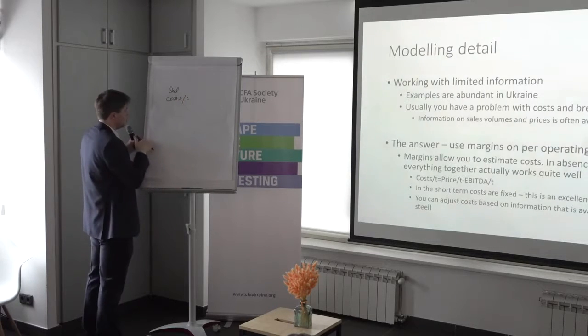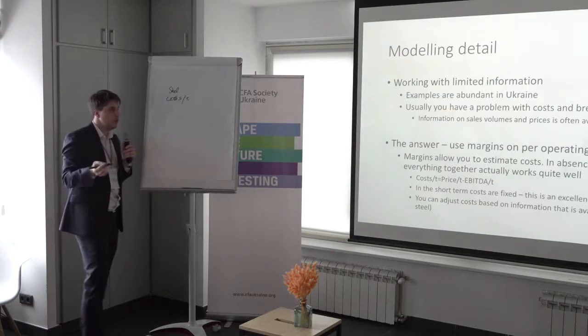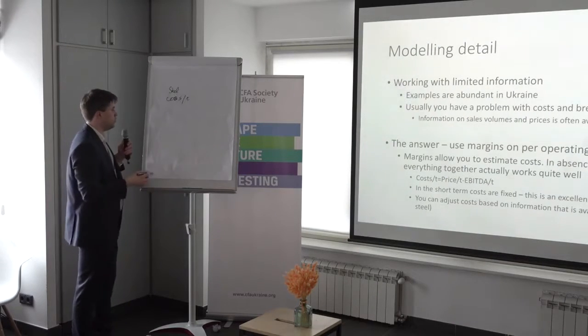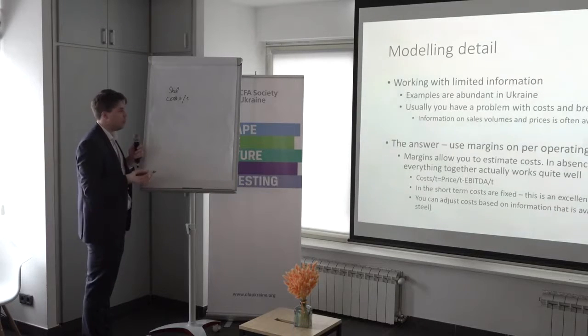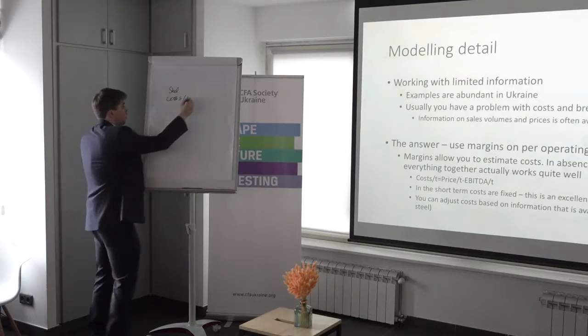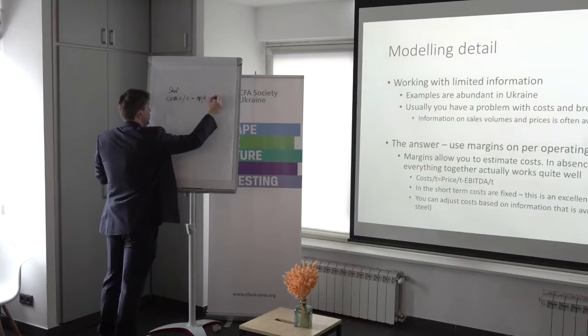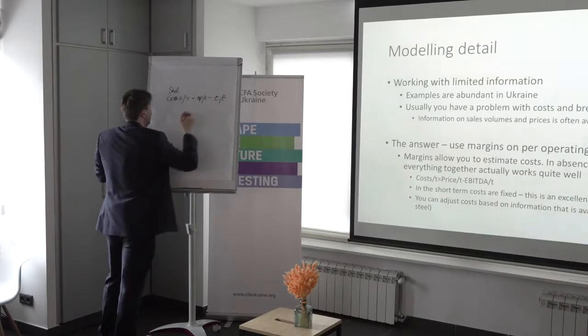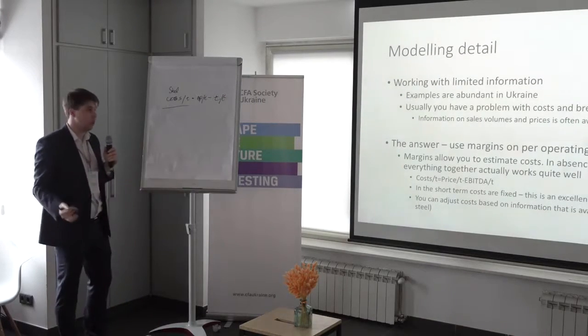So what you do is you take the price of steel, which is available. You take your volumes. You calculate the average price that they're selling at, so you divide revenues by the volumes, and you get the average price. And then you say cost is equal to the price per ton minus the EBITDA per ton. If you don't know anything else, work with that. It actually works surprisingly well.